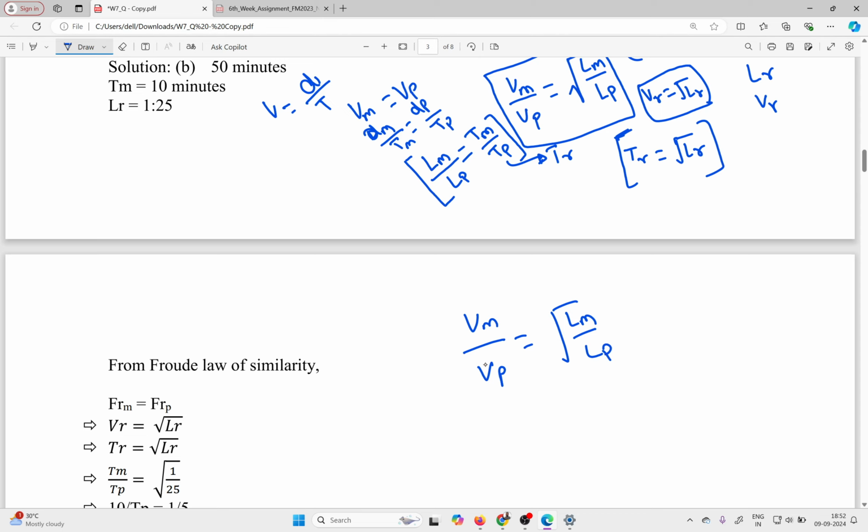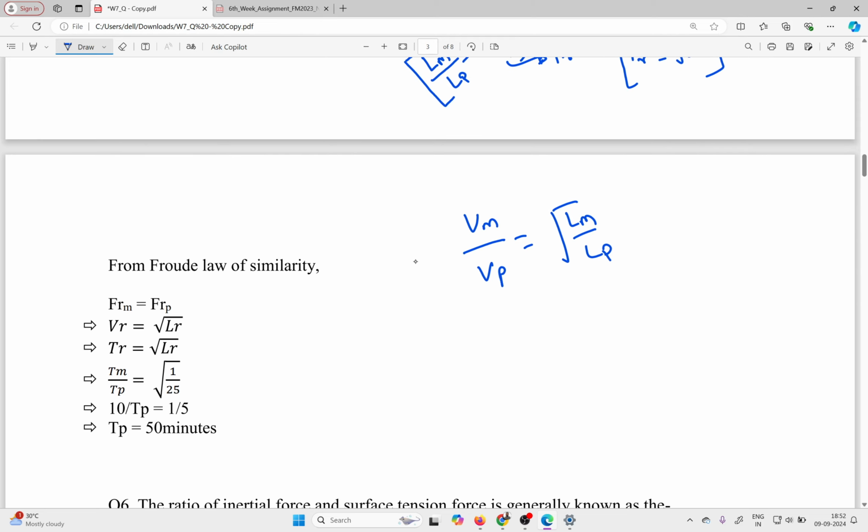If I write V is equal to distance by time, that is for m divided by distance by time for p, that is Lm by Lp.